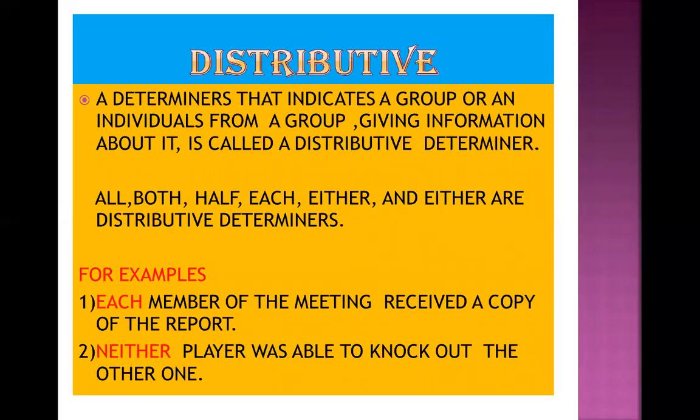Distributive determiners: a determiner that indicates a group or individuals from a group, giving information about it, is called a distributive determiner. All, both, half, each, either, and neither are distributive determiners.